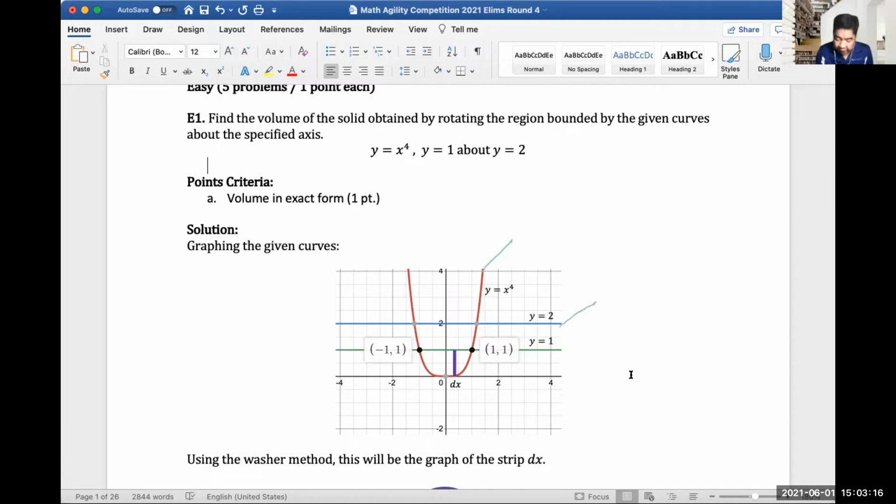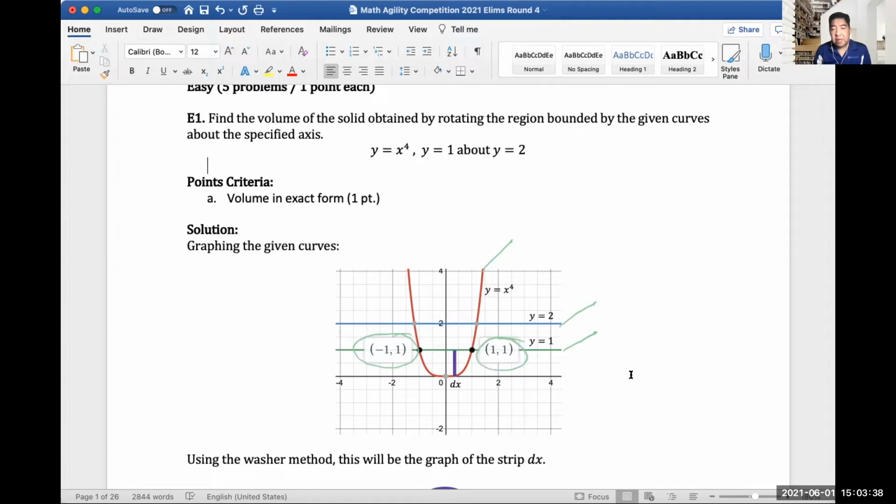And of course, the horizontal line, which is the boundary of the curve, would be y equals 1. So the intersections for the curves y equals x to the fourth and y equals 1 would be negative 1, 1, as shown here, and 1, 1 on the right side of the curve.